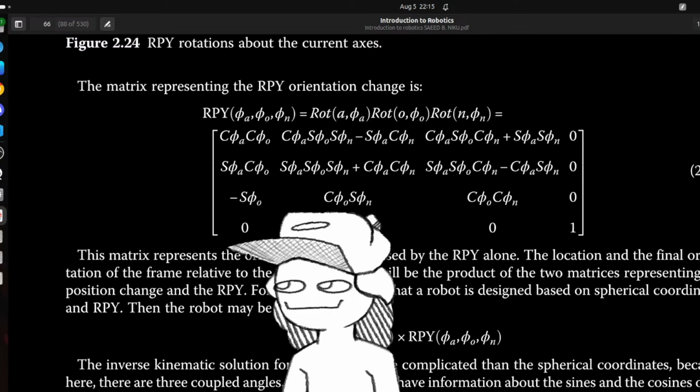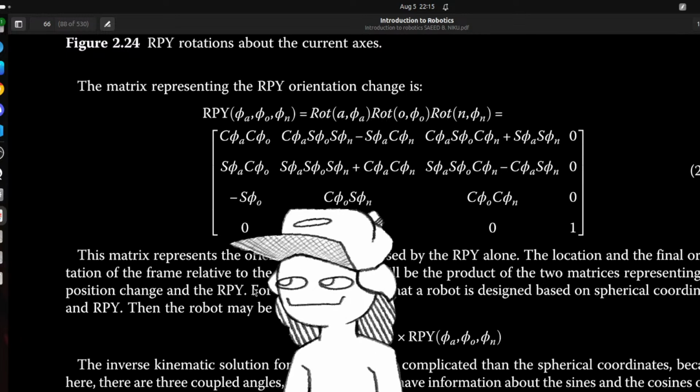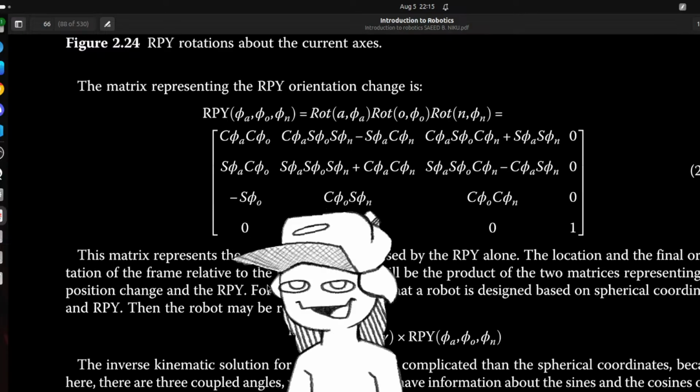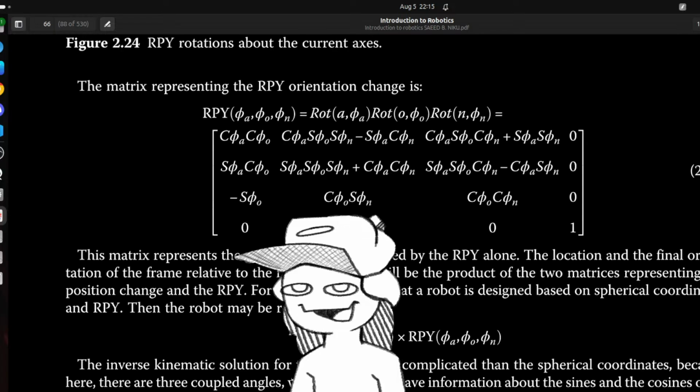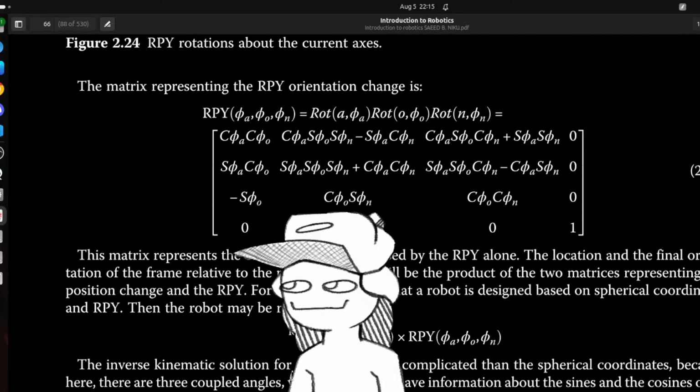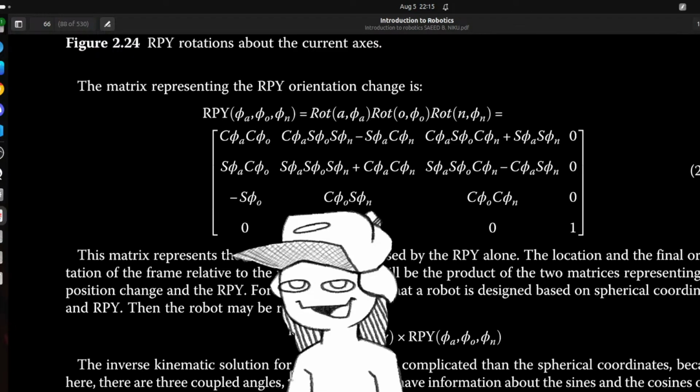This RPY is also used for aeroplanes, for their controls, and for adjusting the final orientation of the end effector, right? Yeah, got it. Very interesting.